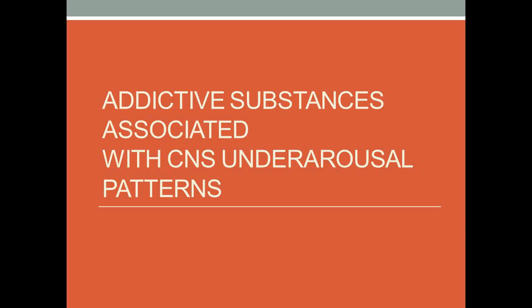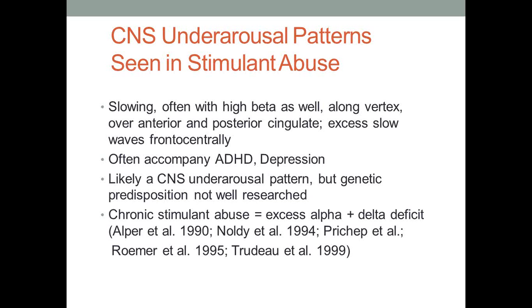Take a look next at some of the addictive substances associated with the CNS under-arousal patterns. Slowing is a big part of what we see there. Oftentimes you'll see it with high beta as well, along the vertex, over anterior and posterior cingulate areas, and excessive slow waves frontocentrally.